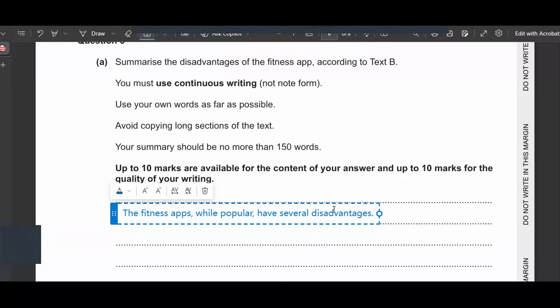Then your main body part is going to start, where you are going to cover the disadvantages, right?